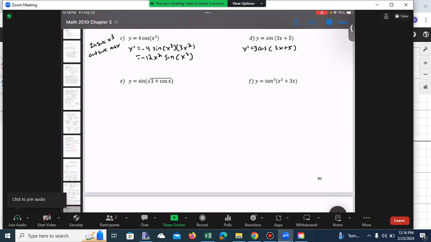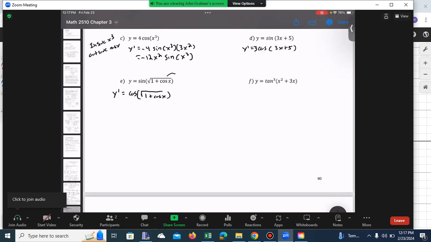Alright, it's a little bit harder here. You have sine of the square root of 1 plus cosine x. So we'll do derivative of sine is cosine of the square root. And then the derivative of this is going to require more of the chain rule.